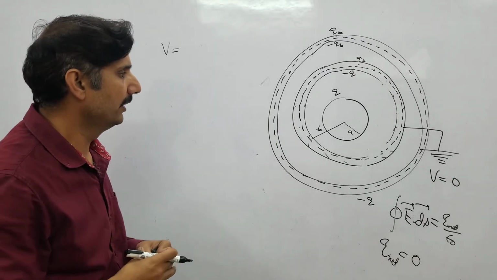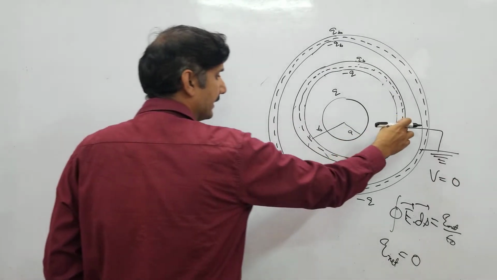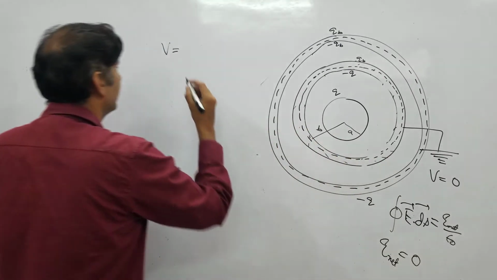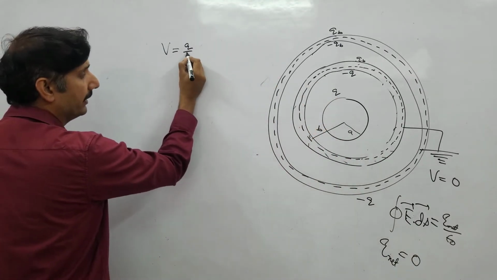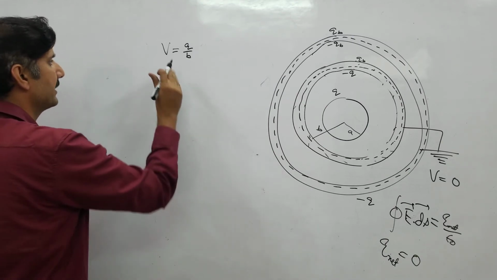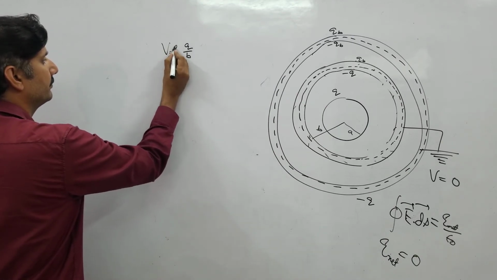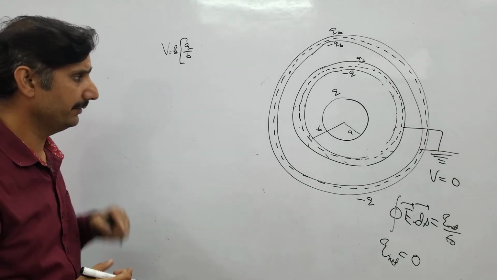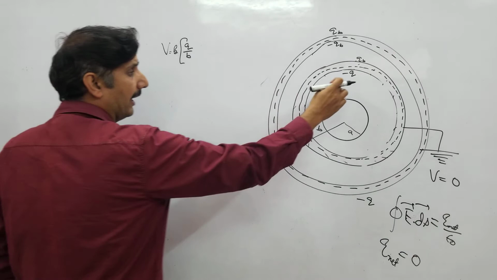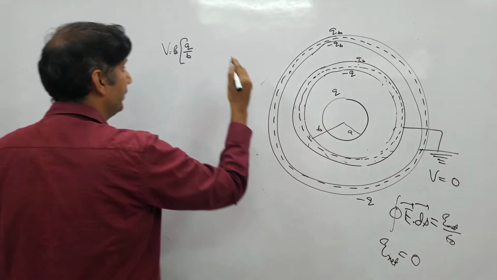So let's find out the potential at this. Its radius is B. Taking K common, due to this it will be Q by B, then I'll have minus Q by B.